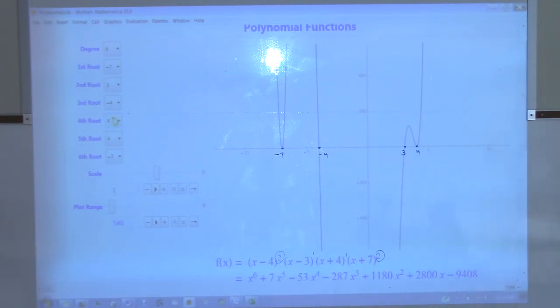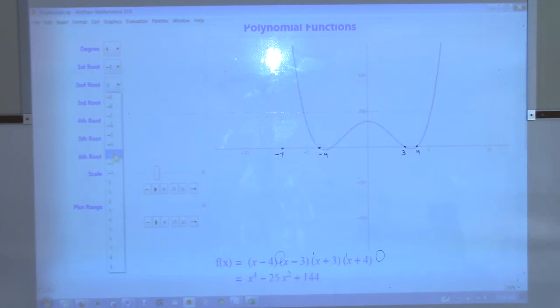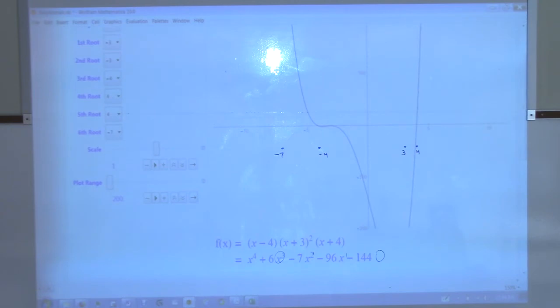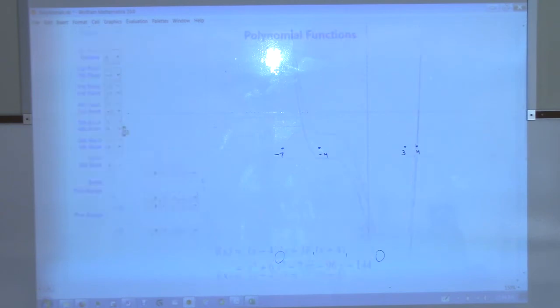All right, do y'all want to look at any more of these? Let's do a 4th degree polynomial. Let's do it where, let's see, 3rd.